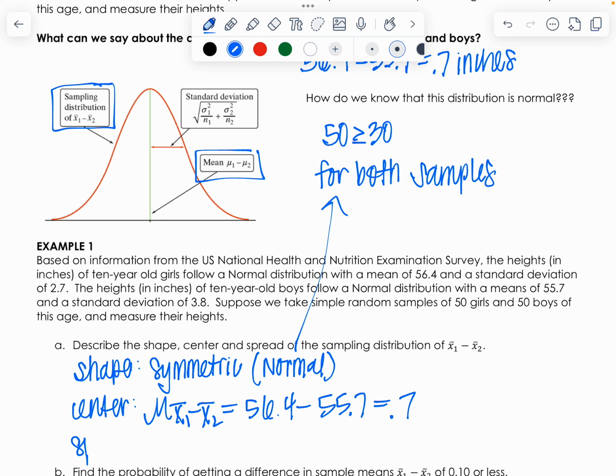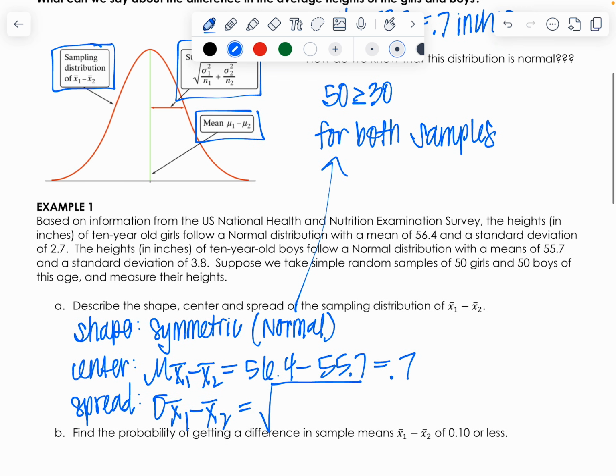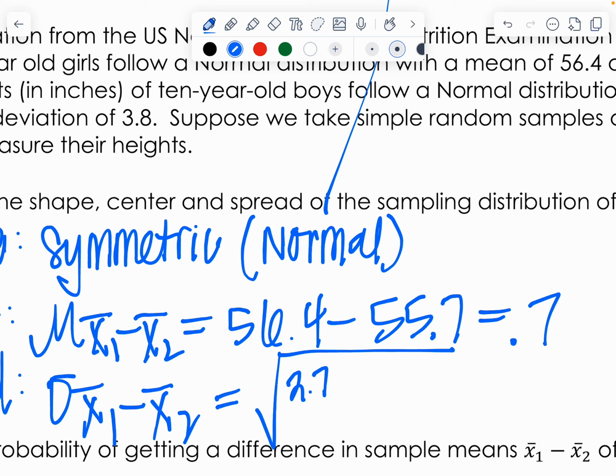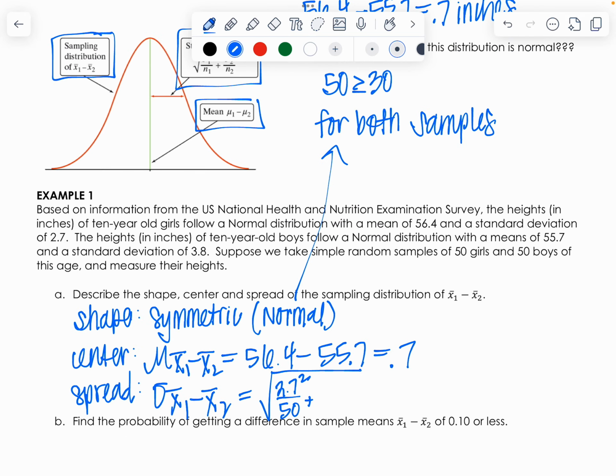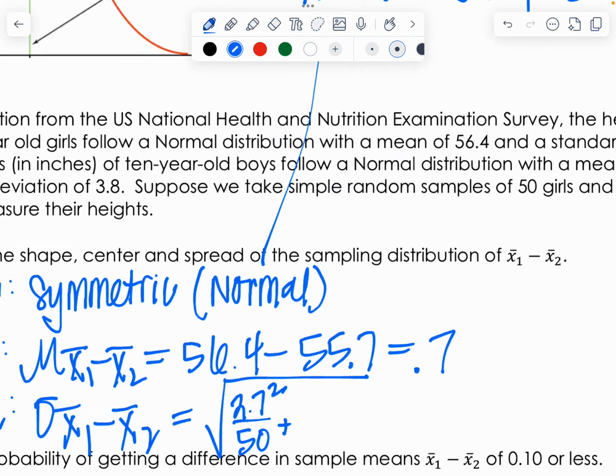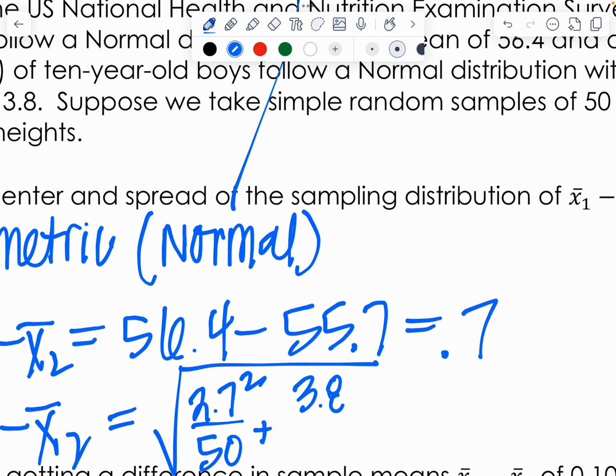All right, and then the spread, of course, is the standard deviation of x bar 1 minus x bar 2, sample mean 1 minus sample mean 2. Up here, that gives us the formula. So it's a great big square root of the first standard deviation, so 2.7 squared over n, well, just 50, plus the second standard deviation squared over 50 as well.